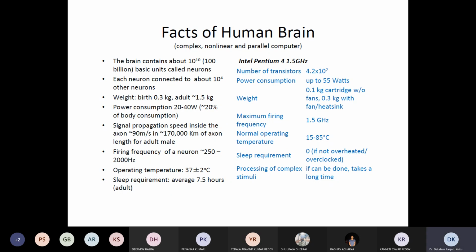And here the signal propagation speed inside the axon is about 90 meters per second. The axon length is about 170,000 kilometers for an adult male. Okay, and if I consider the firing frequency of a neuron, it is 250 to 2000 hertz, and the operating temperature is about 37 plus or minus 2 degrees centigrade.